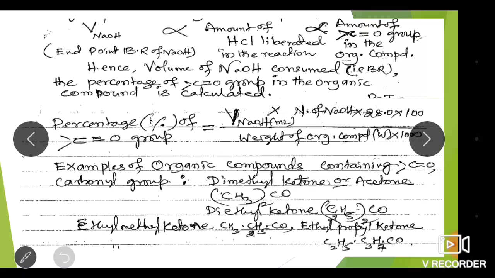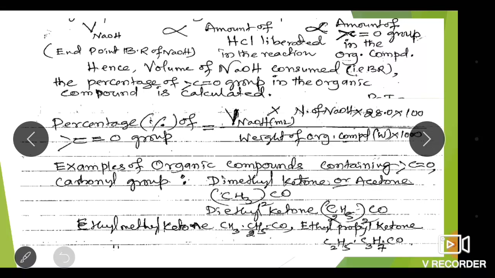Hence, from the volume of NaOH consumed at the end point of the titration, we can determine the percentage of carbonyl group present in the given organic compound by means of the formula.